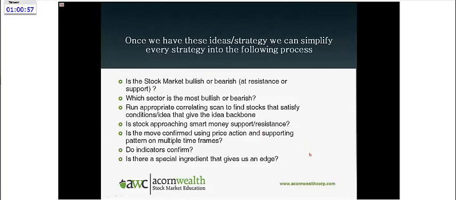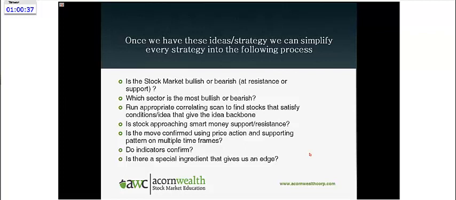Now, if we are at resistance and momentum is present, then we might look for breakout strategies. If we are at resistance and momentum is weakening and volume is dropping, then we might look for reversal strategies.